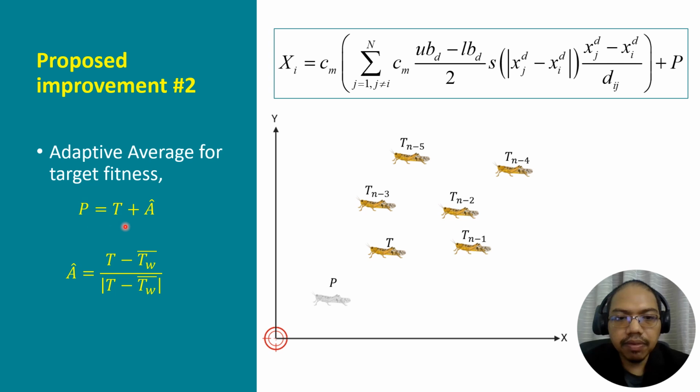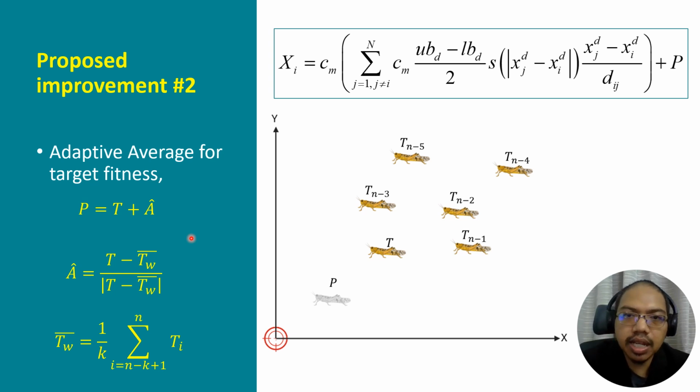So A is actually a unit vector that we can use to add to the original T. So here we have T. So again, the TW is actually a summation, or the average value, of the window size that we have selected. If let's say we selected a window size of 10, we can just select the previous 10 and calculate the average value. We take the average value, we take the current T value, we subtract, and then we calculate the vector.